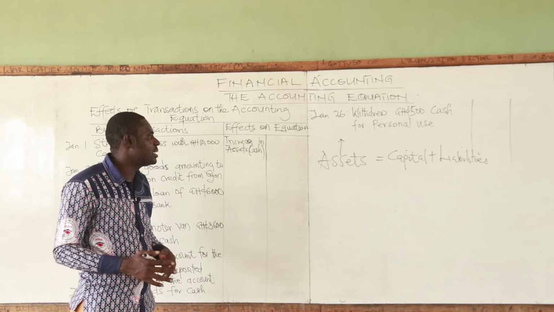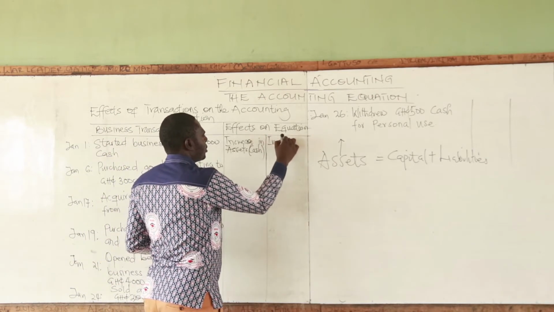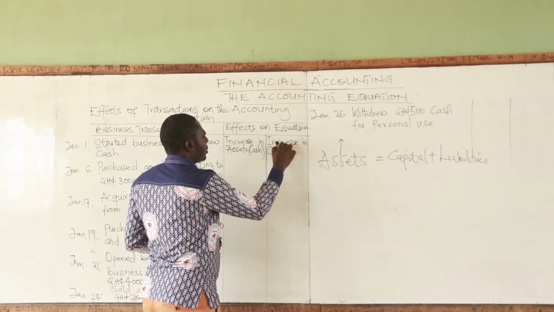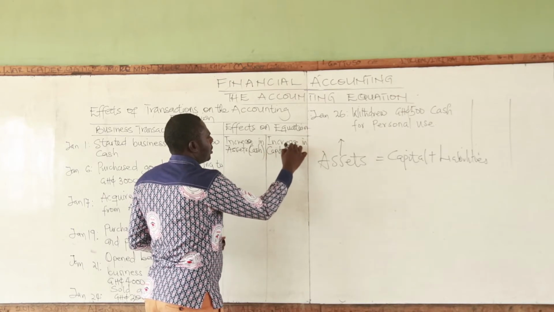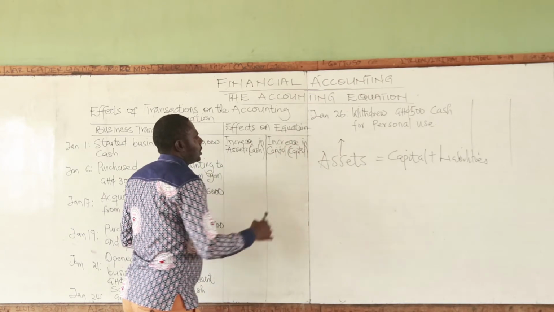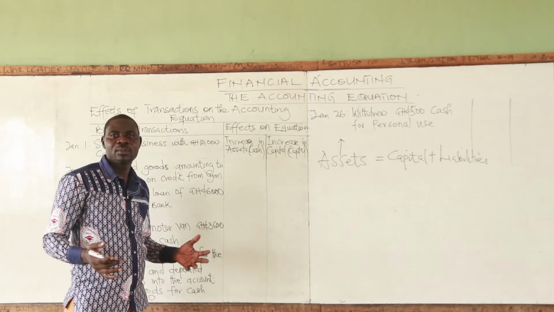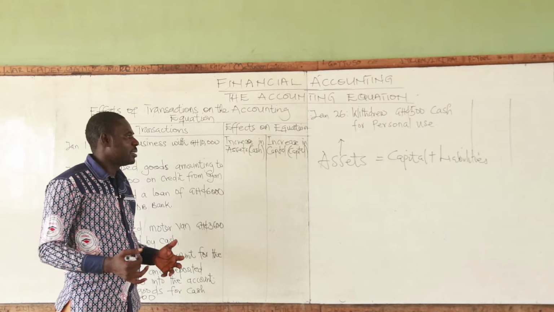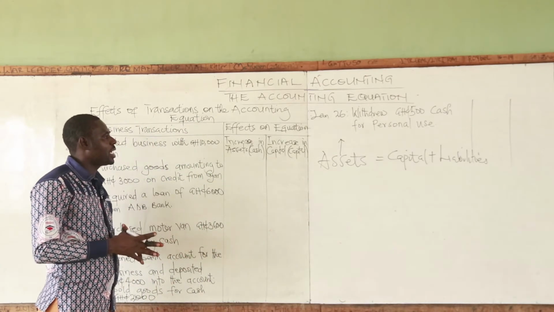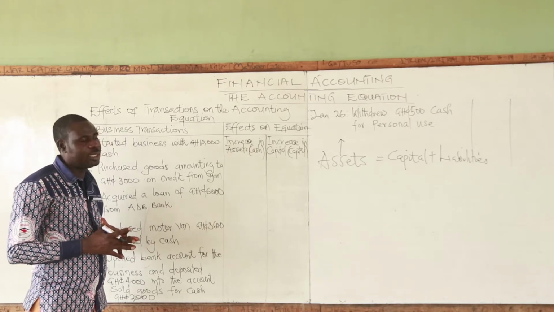So there will be an increase in capital. So in the books of the business, we have cash, and we also have what? Capital. Let's look at the effect. After that, we will look at the figures that are involved.